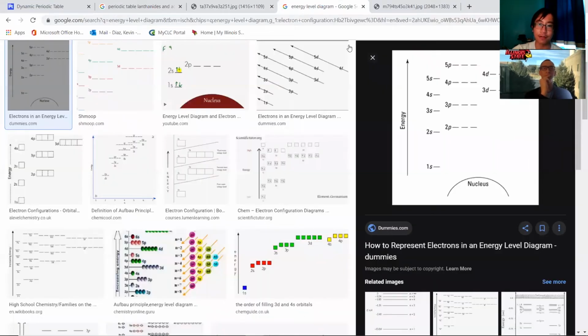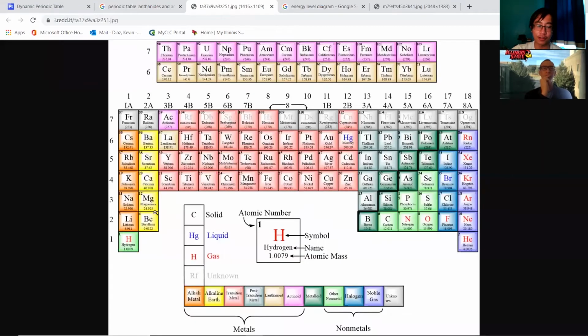So if I show you this picture right here of the energy levels, we have 1s, 2s, 2p, 3s, 3p, and so on. You can see that it's in the same direction, starting from the bottom up.